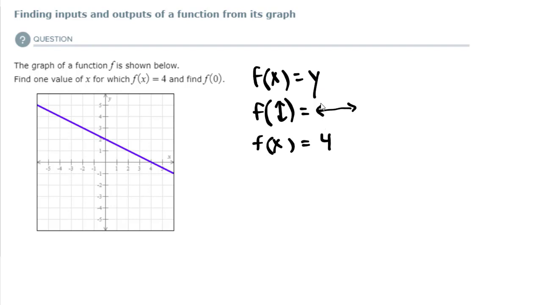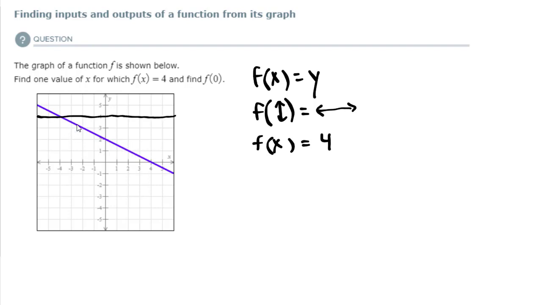Y represents the value on this side here. So I'm going to go to the value 4 on the y-axis and draw a horizontal line passing through the 4. So here's 4 on the y-axis, and I'm going to draw a horizontal line that passes right through there.